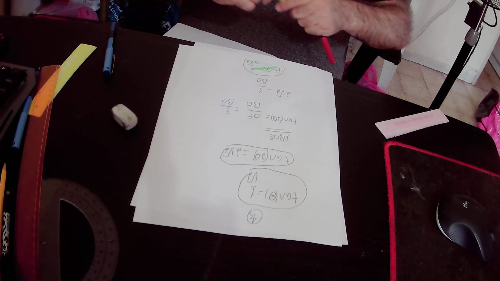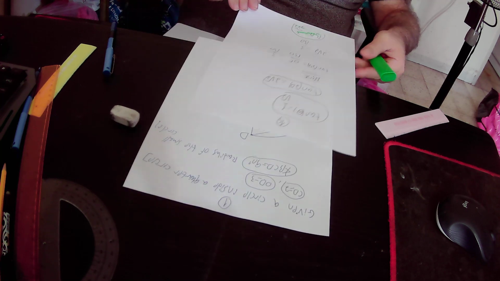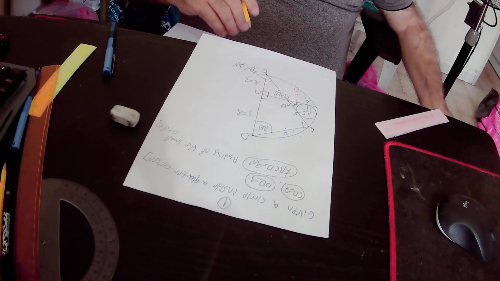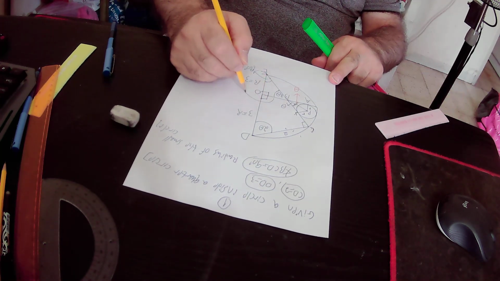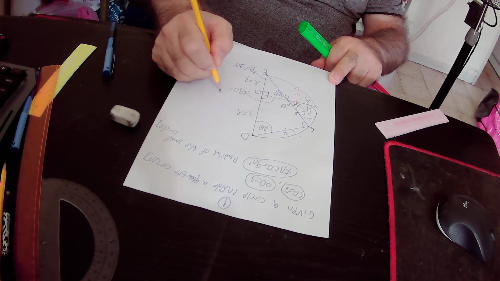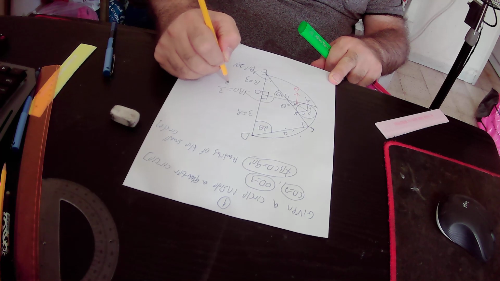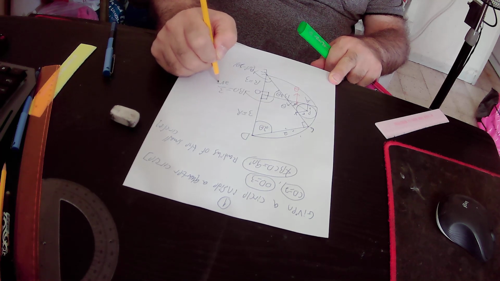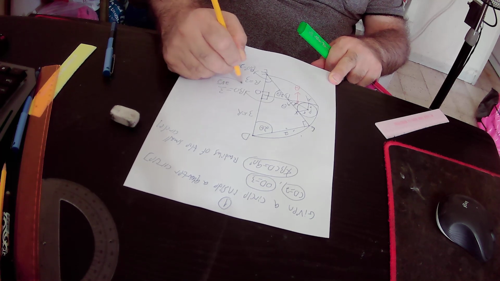Okay, here BO equals 3 over 2 times root 2.